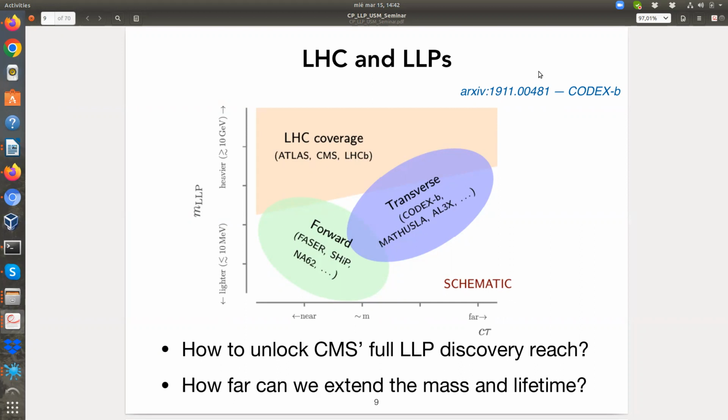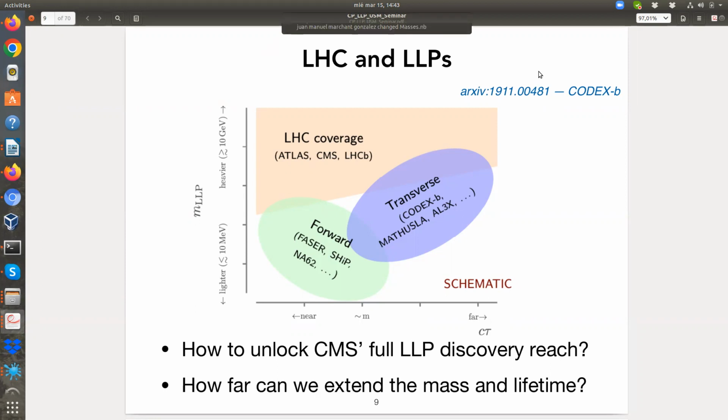This idea caught a lot of attention, and there are dedicated experiments, not only the big general-purpose experiments at the LHC, to search for these states, with proposals and experiments being built in the spigots or down the beam pipe at CERN. For example, Codex B is near LHCb, but it's a little bit farther up, and there's more shielding, because shielding is one of the important metrics to catch long-lived particles and reduce the backgrounds as much as possible.